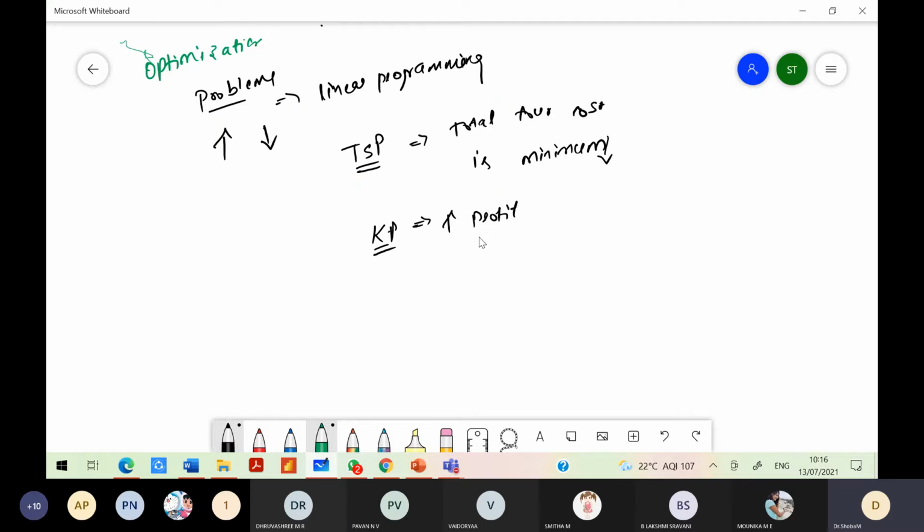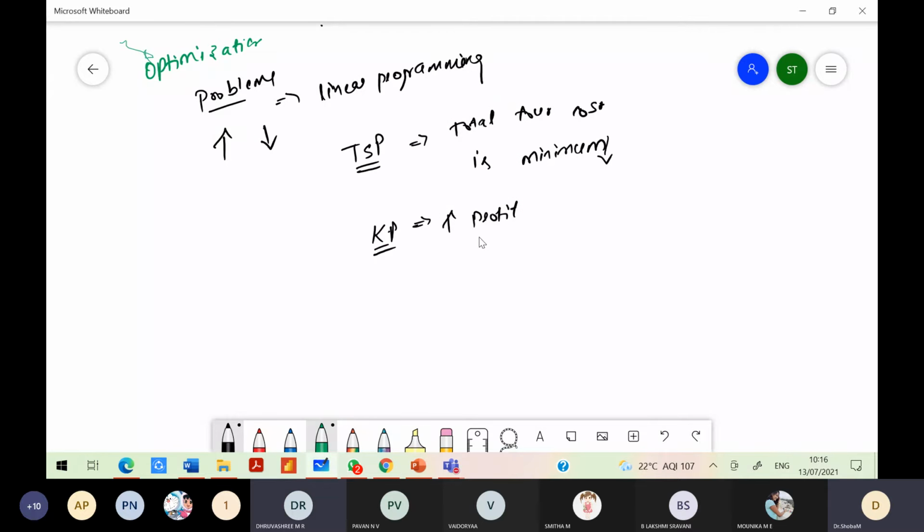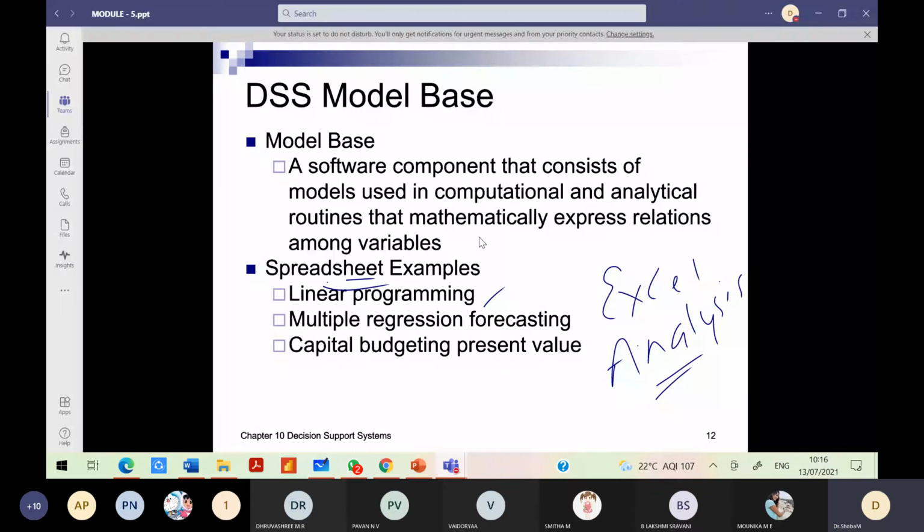You people are able to see my screen? Yes, ma'am. So this is called linear programming. All your optimization problems fall under the category of linear programming. Why I'm recalling all these concepts is you should not feel that just because we are learning a theoretical subject, your concepts will not be related to it.